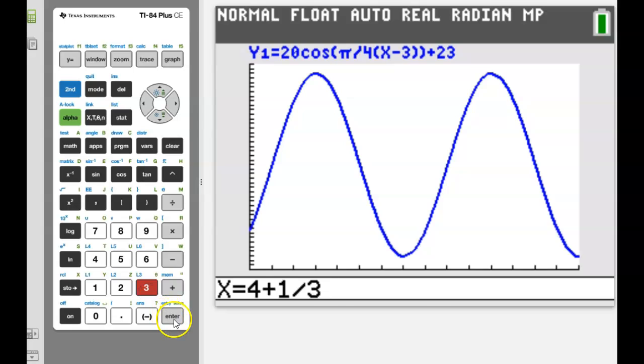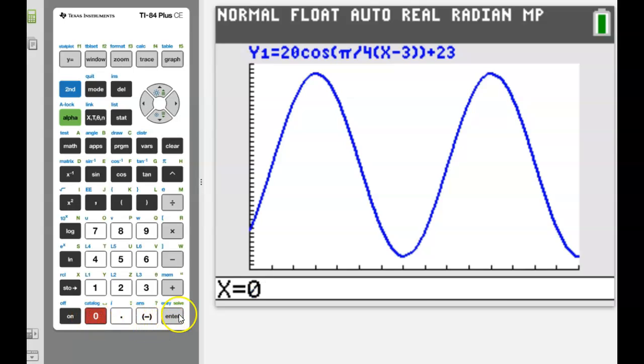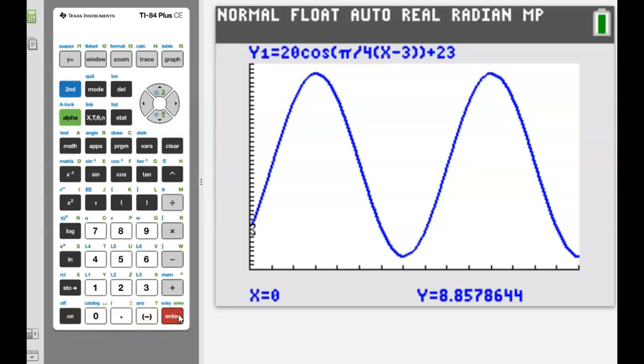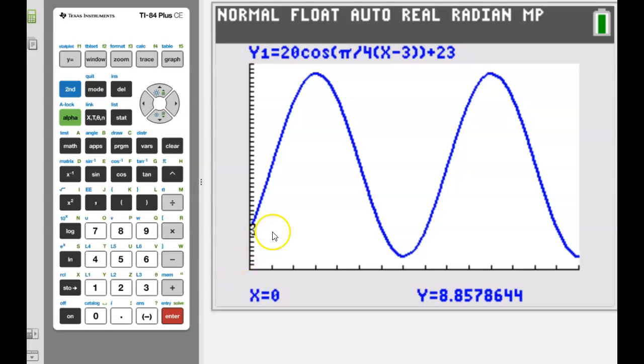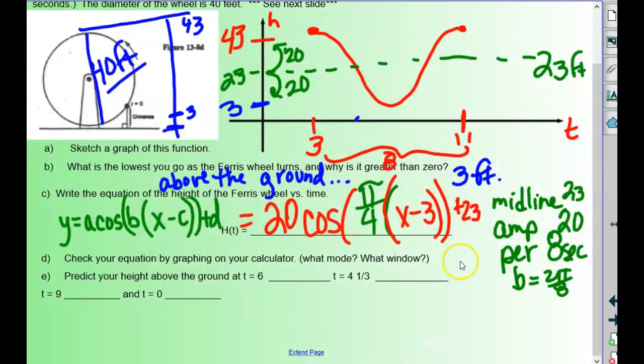Was it 1/3? 33. What else? 9, did it ask? 9 is 23, because it's at the midline, I think. And then, was it at 0? He was actually at 8.9 when he started the ride, according to the equation that we wrote.